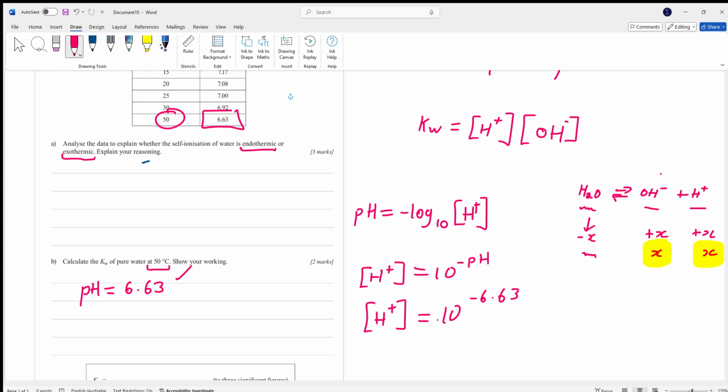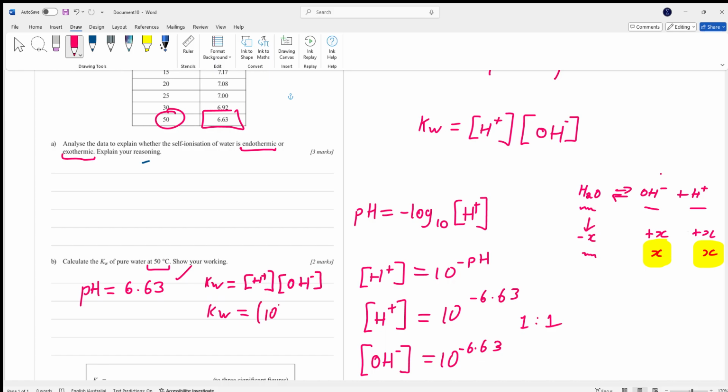What I know is though, because it's a 1-to-1 ratio, and because of this at equilibrium, that is also the same amount of OH minus we're going to have in the system. So here, KW is your H plus at equilibrium, or 50 degrees here, times your OH minus at that same moment, which means you're basically multiplying the 10 to the negative 6.63 by itself, aka you're squaring it.